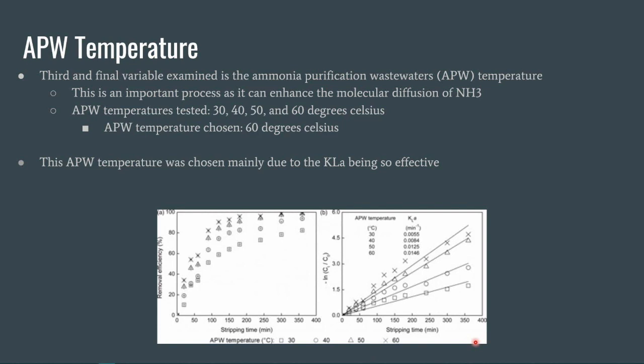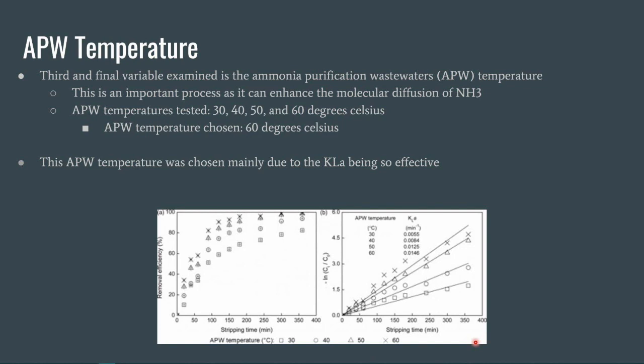So after their investigation, they found the optimal conditions of the experiment should be an APW initial pH of 12, an airflow rate of 0.500, an APW temperature of 60 degrees, and finally an air stripping time of 120 minutes.